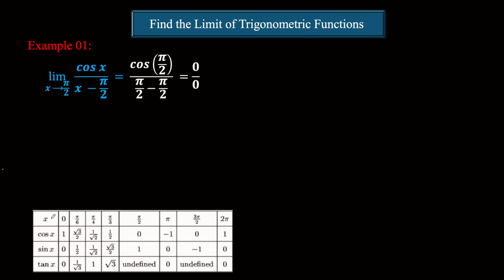So x can be 0, can be pi over 6, and so on. Here is cosine x, sine x, tangent x. So when we say cosine of 0 is 1, okay? If I ask you what is cosine of 0, you will say it is equal to 1.